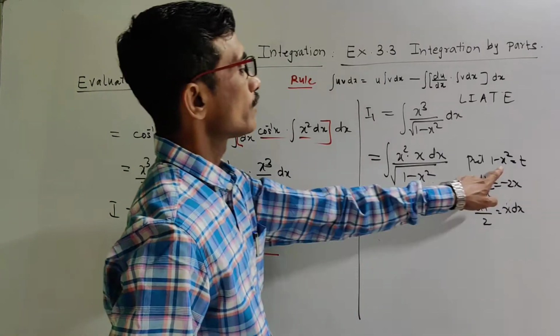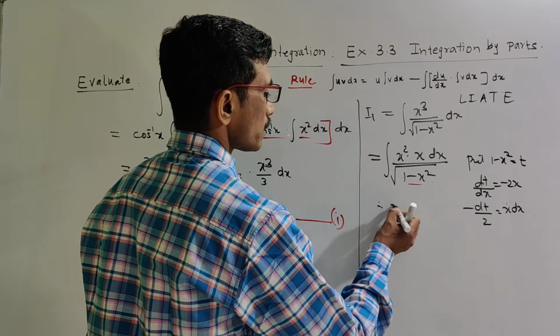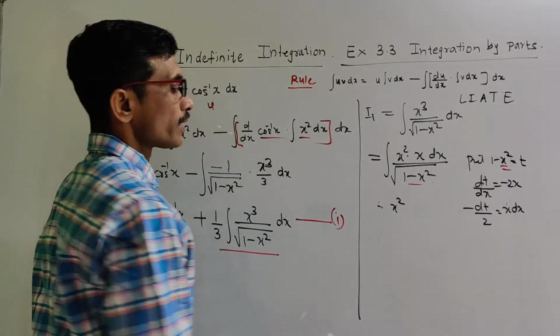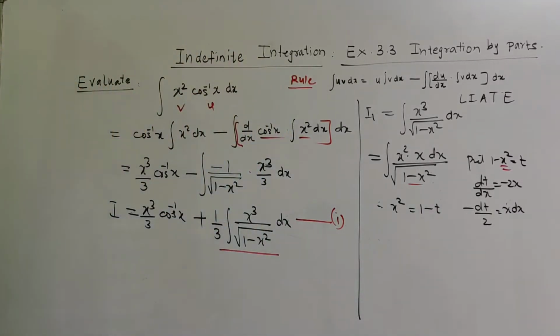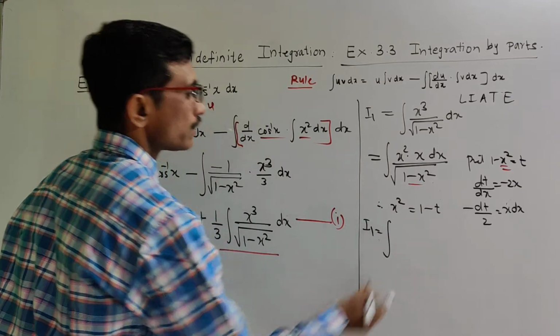Here x square will be equal to 1 minus t. So make this substitution.